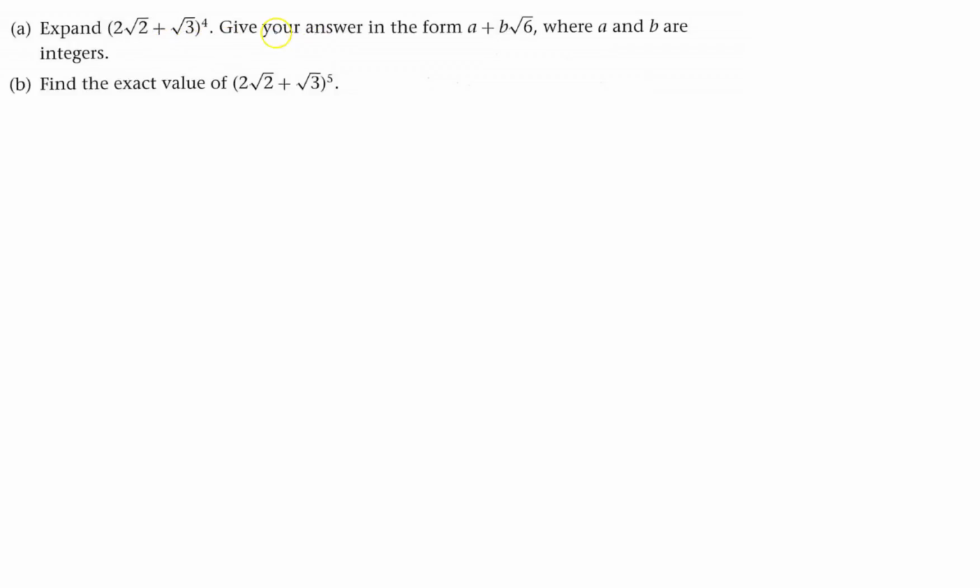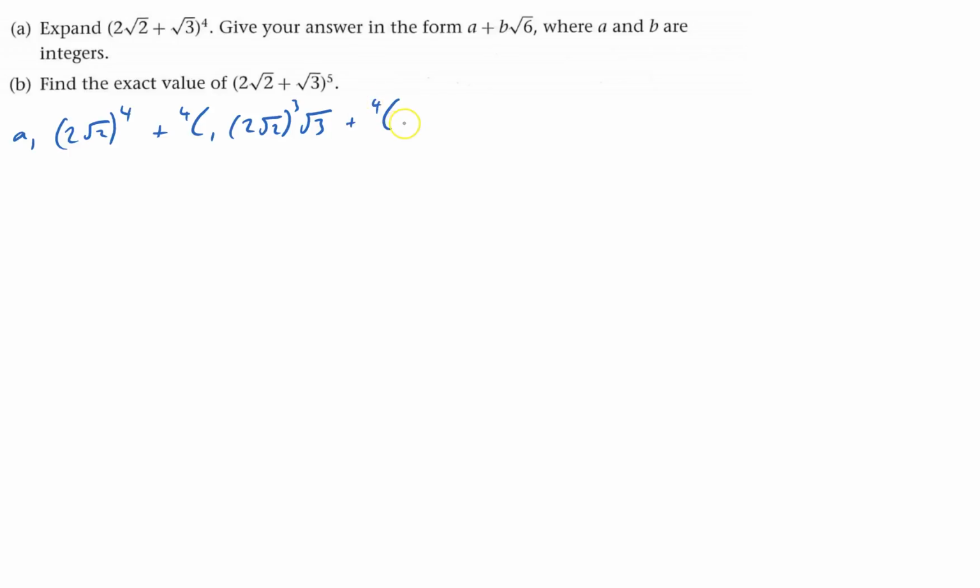Okay, so I've got to expand this. So the first term, as part A, will be (2√2)^4. And then I'm going to have (2√2)^3 and one of the √3s, and that'll be 4C1.